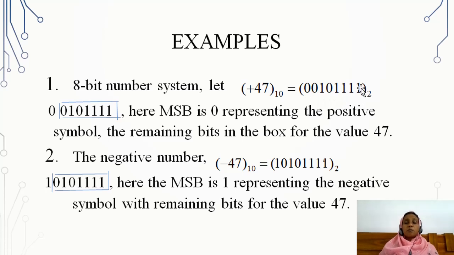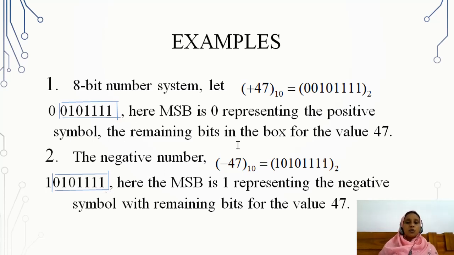The MSB, the most significant bit, is this one. This is 0, which means the number is positive. This part represents the magnitude 47, whereas this bit represents the sign of the number. This is 0, so the number is positive.